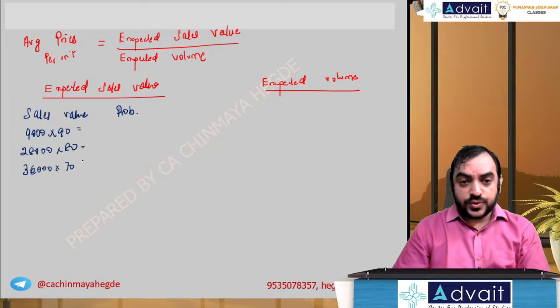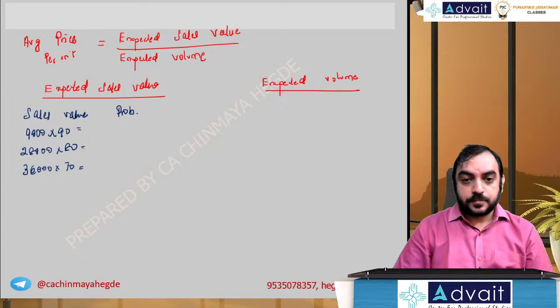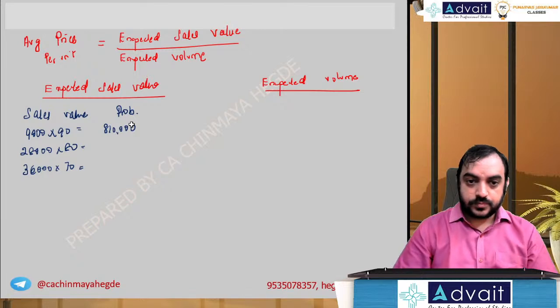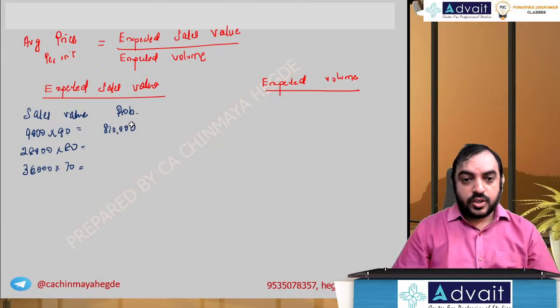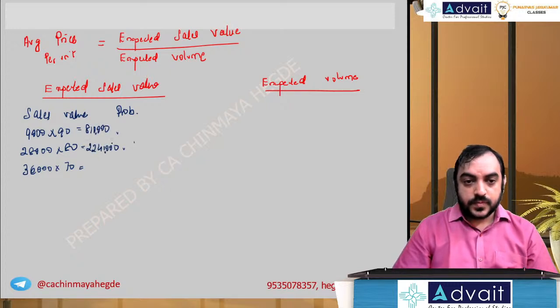These are the sale values. 9,000 into 90, 8 lakh 10,000. 28,000 into 80, 22 lakh 40,000. And 36,000 into 70, 25 lakh 20,000.